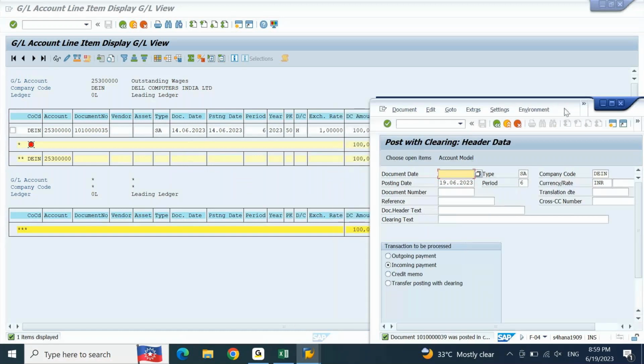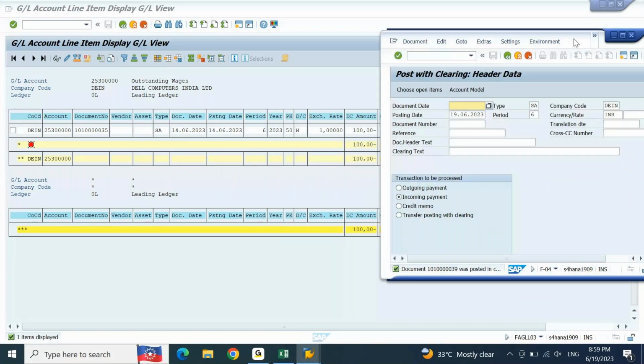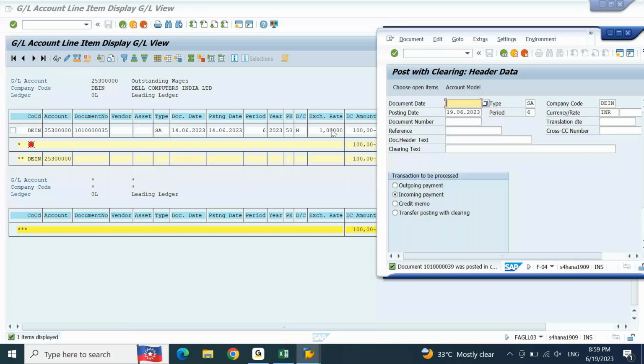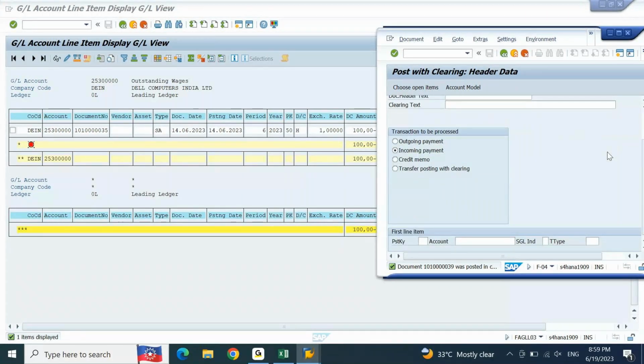If I want to clear this 100 from this GL account, which posting key do I need to manually give? We know that we need to give only one posting key. Here I need to give posting key 50 or posting key 40. Actually, posting key 40 with the bank main account.